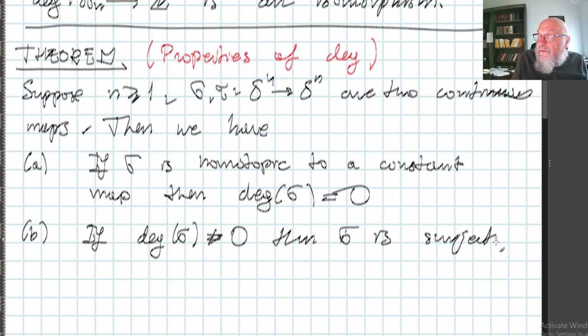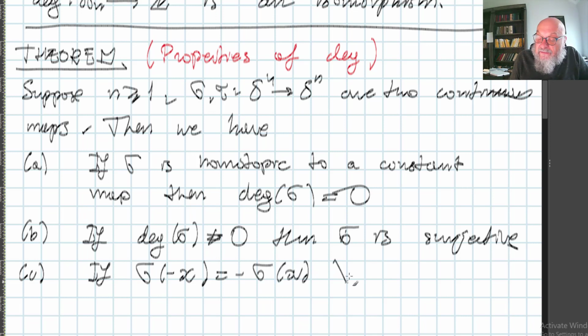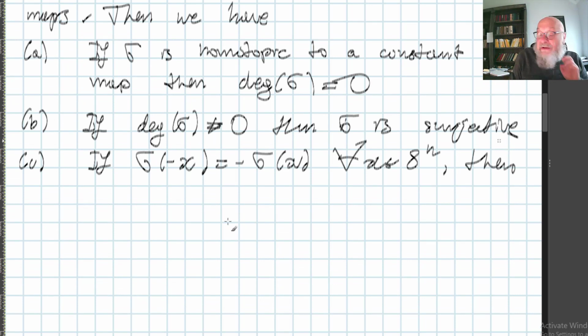And C, if sigma of minus x is equal to minus sigma of x for all x belonging to Sn, then degree of sigma is an odd integer.